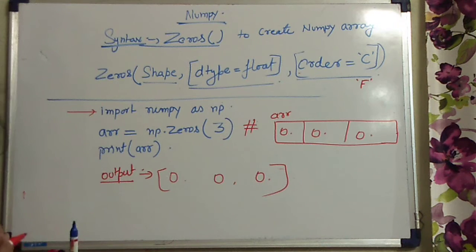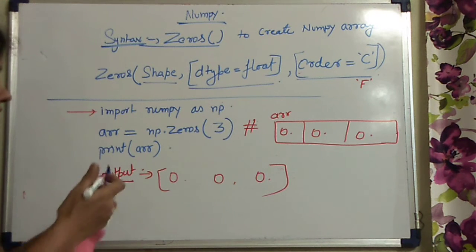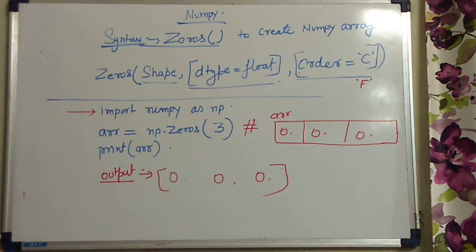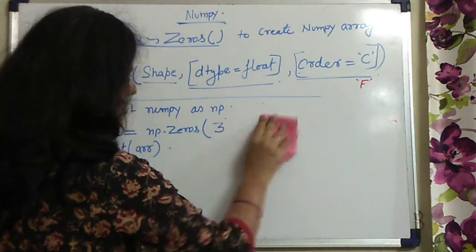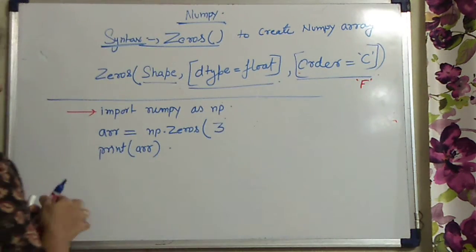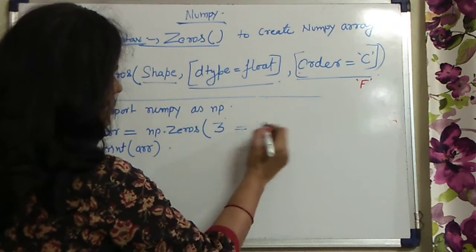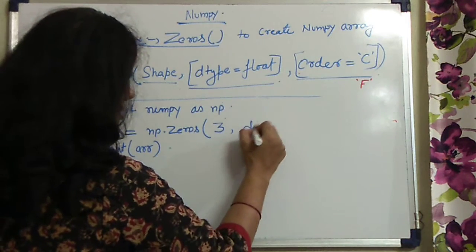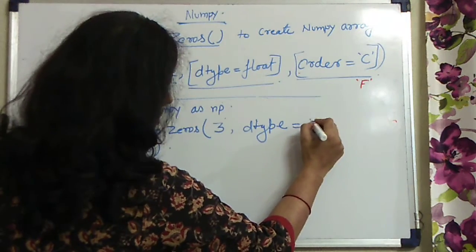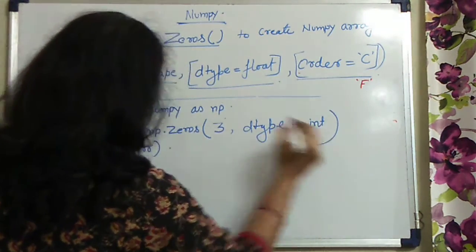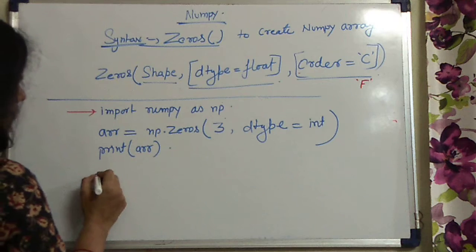If you would like the values to be integers, you can mention the dtype also. Now let us see how you can write the dtype. Comma, dtype equals to int. If you write int, then see what the output will come.